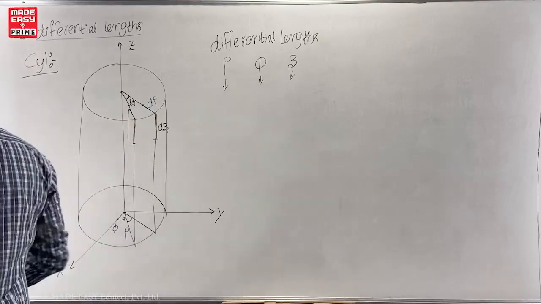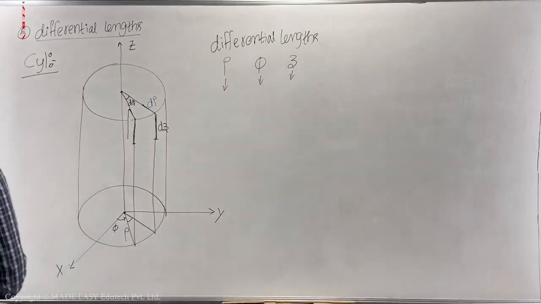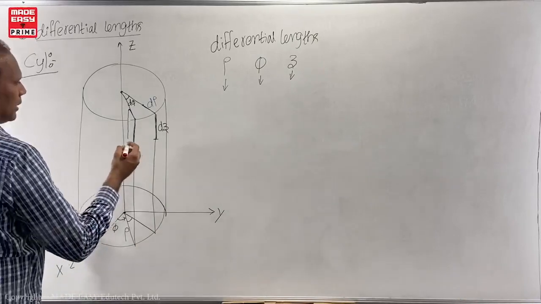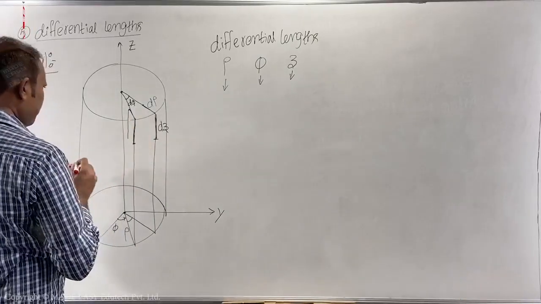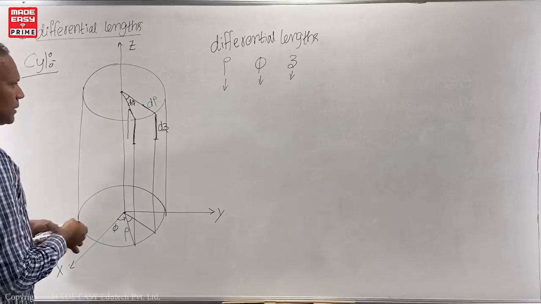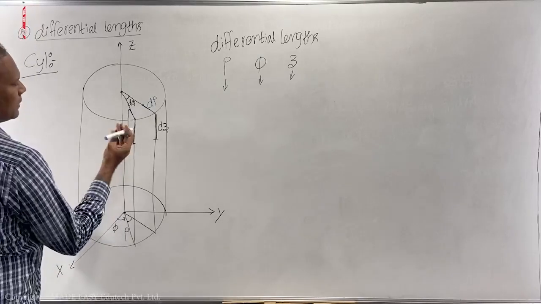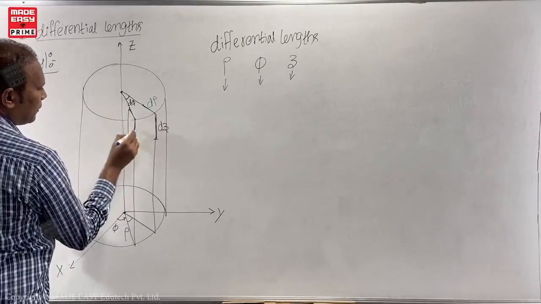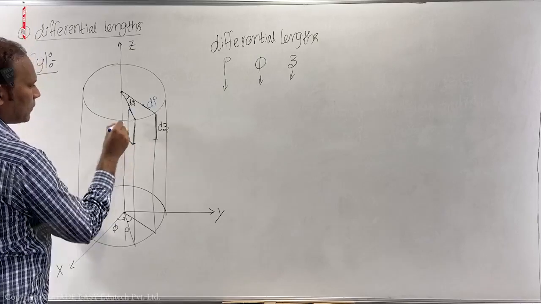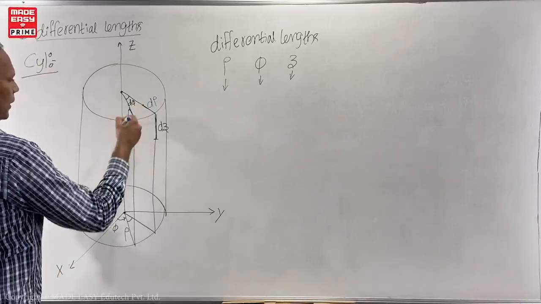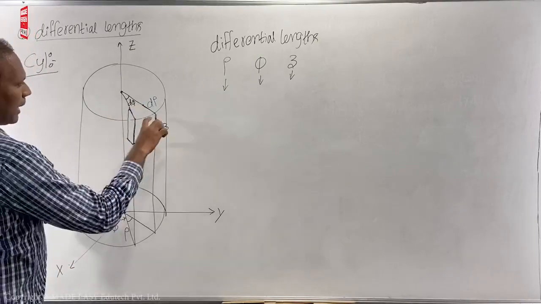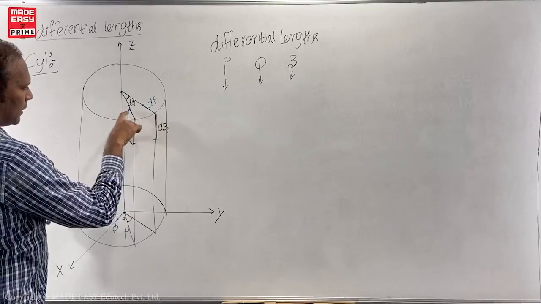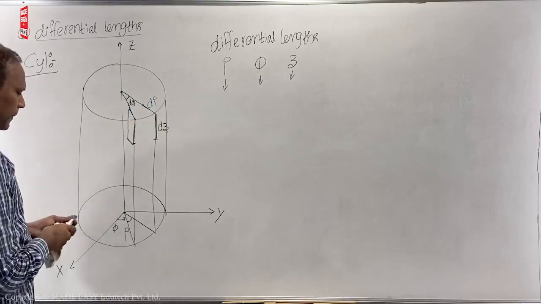Now here if you see, let me finish this d rho. Here this is d rho, this is also d rho, this is also parallel to that, that is also d rho. This black line is dz, this is also dz, this is also dz.